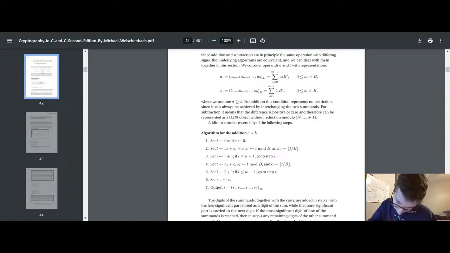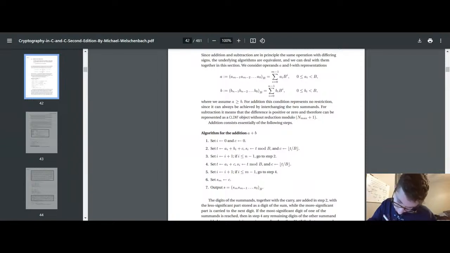So T is equal to A1 plus, that was 5, plus the carry, is equal to 6 actually.